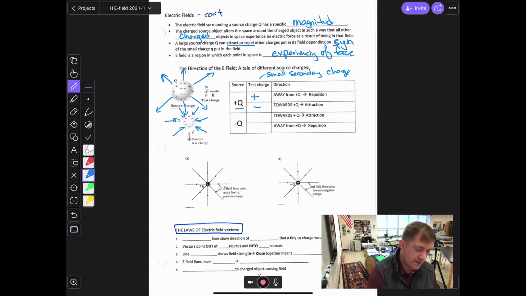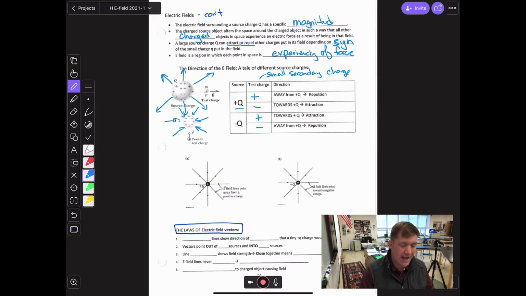Likewise, a positive test charge dropped into a negative sphere would get drawn inward, and a negative dropped into a negative source charge would be repelled. And that's just restating what you already know about charges, that like charges repel and opposites attract. But now we're explaining it from the concept of a source and a test charge.